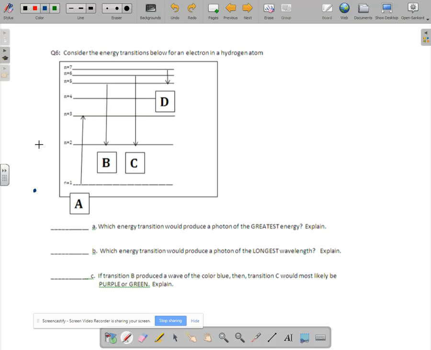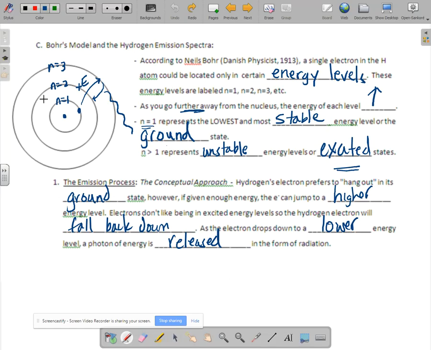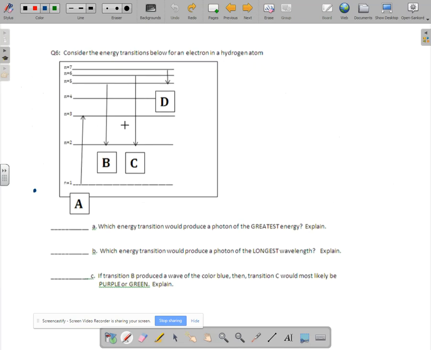There's quite a lot of distance between n=1 and n=2, a little less distance, a little less, a little less. That's really how the energy levels are arranged. We get used to seeing Bohr's model of the simple atom with equidistant levels, but that's not really the case. So please remember that the energy levels get closer together in energy the further you go from the nucleus.